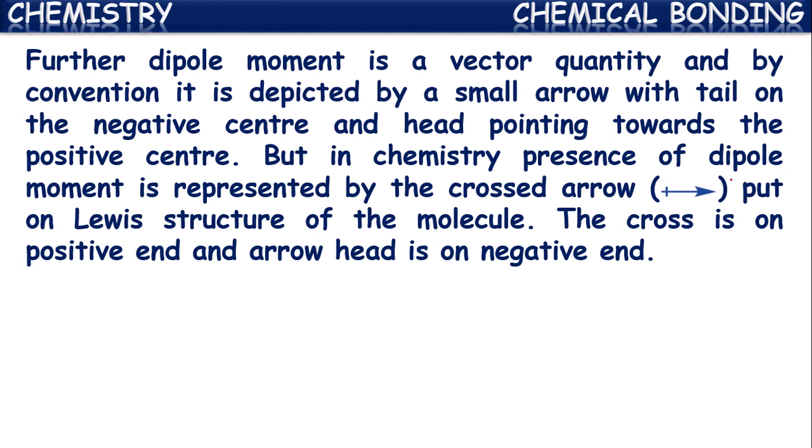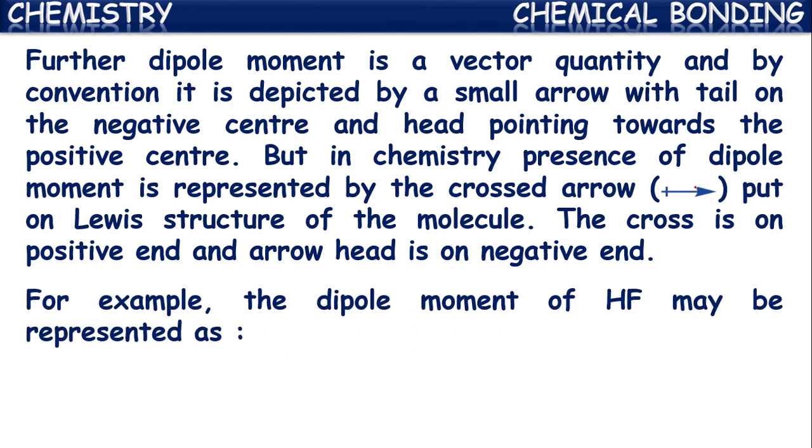So this is a crossed arrow. Here there is a cross and an arrowhead, put on the Lewis structure of the molecule. So the dipole moment in the bond can be represented with this crossed arrow on the Lewis dot structures of those molecules. The cross is on the positive end and the arrowhead is on the negative end.